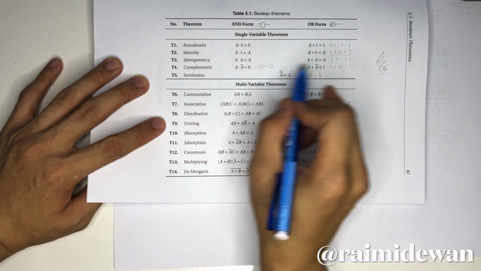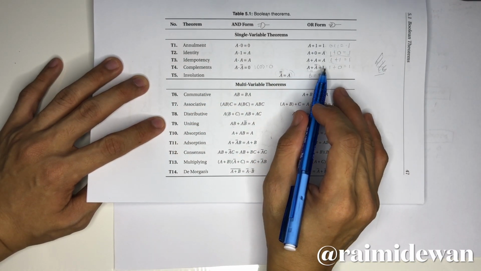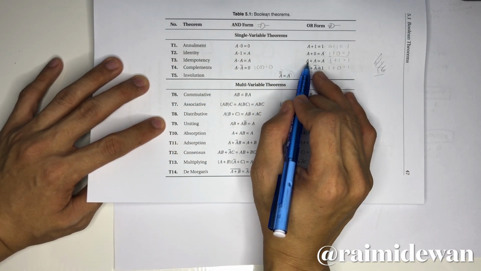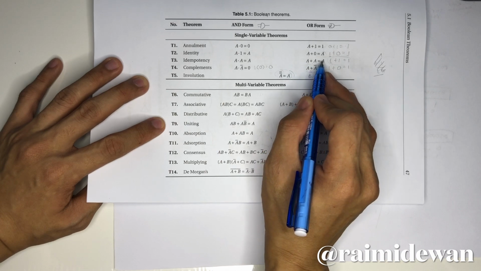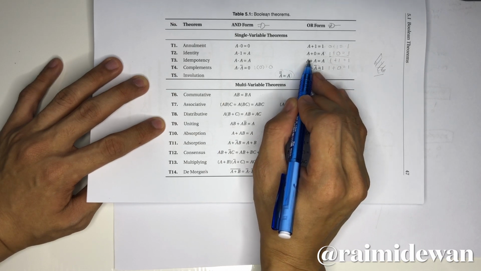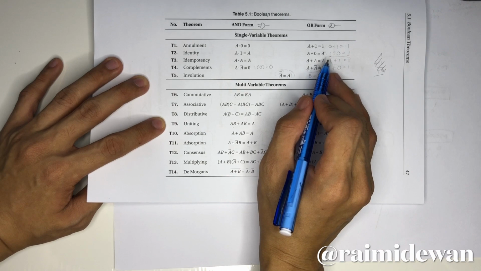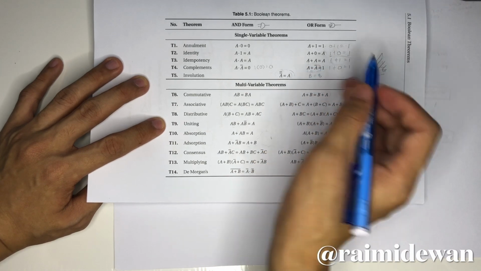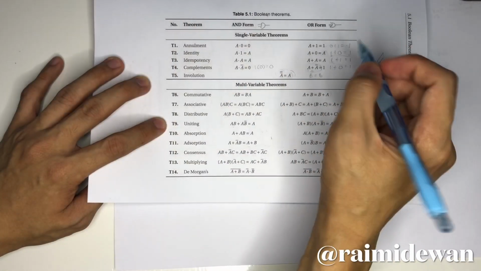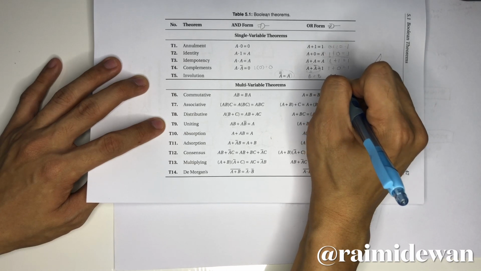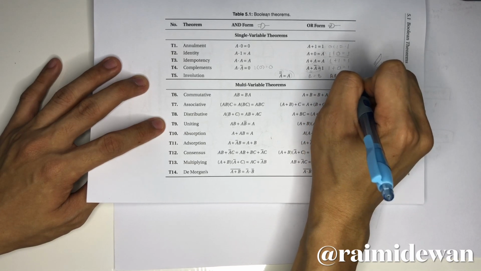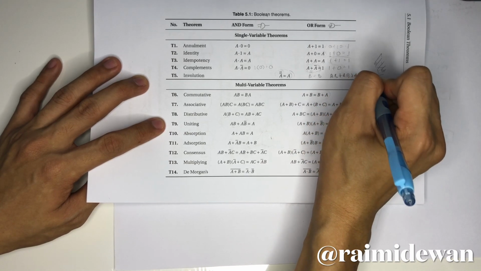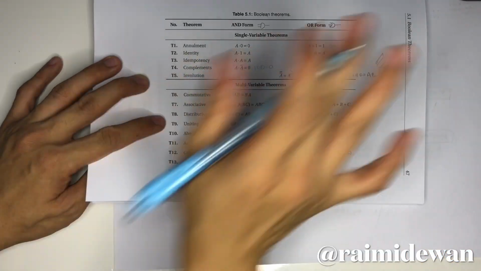Here you see A plus A will result in A. So no matter how many A's you have, it will still result in A. For example, if you have AB plus AB plus AB, it's still AB. So we use this concept.